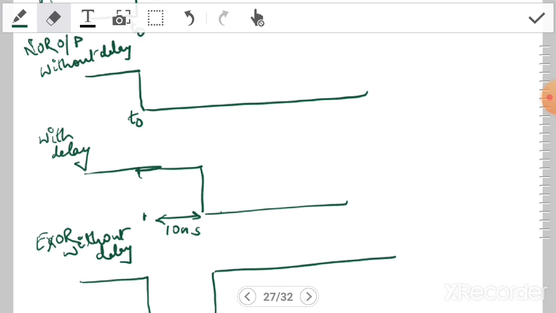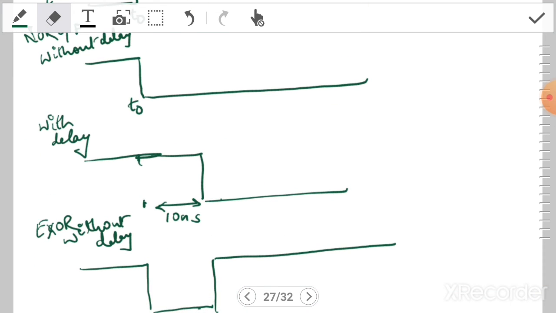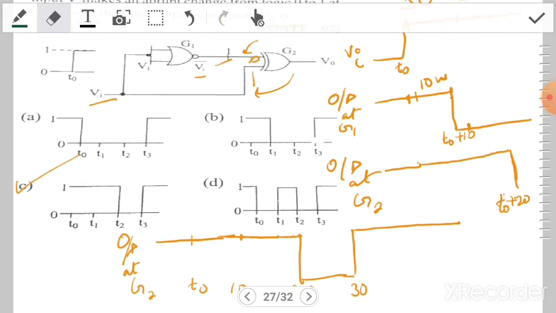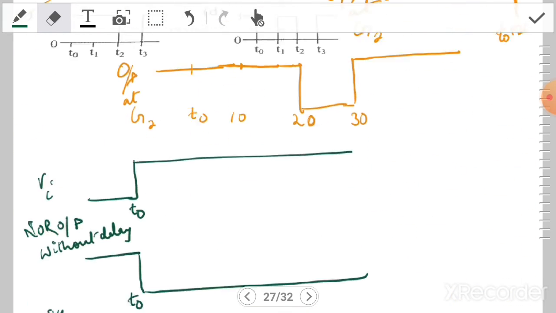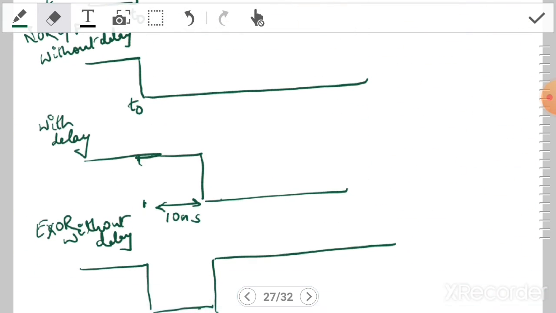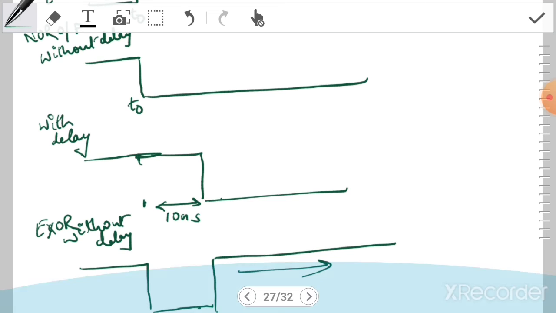There is no space, so let us redraw here. With delay, there is a delay of 20 nanoseconds, so this will be shifted towards the right by 20 nanoseconds.